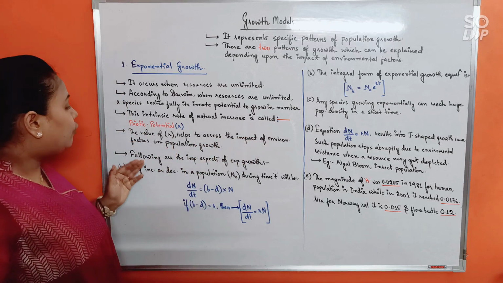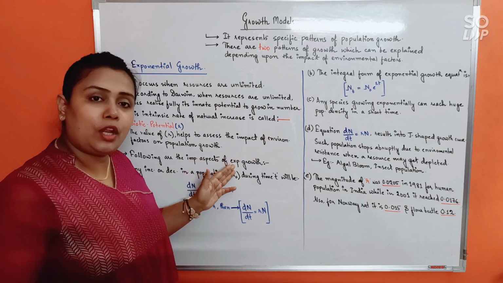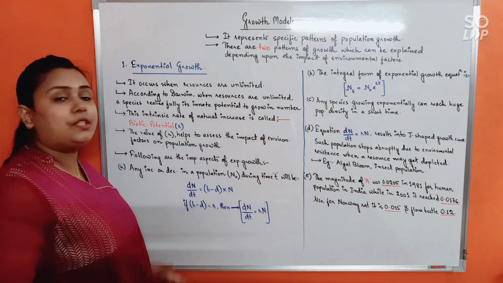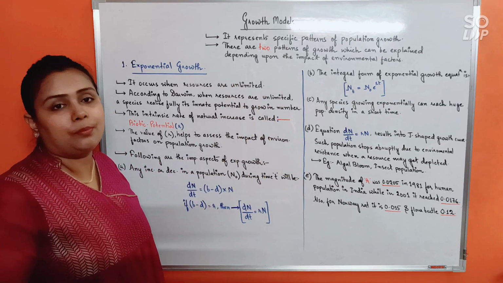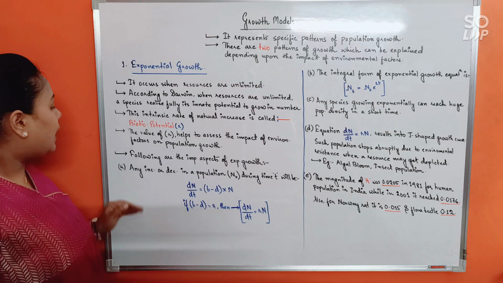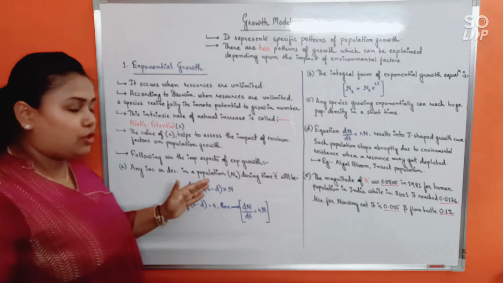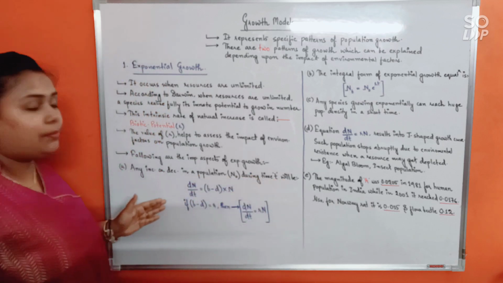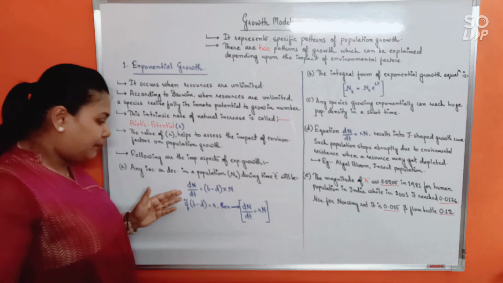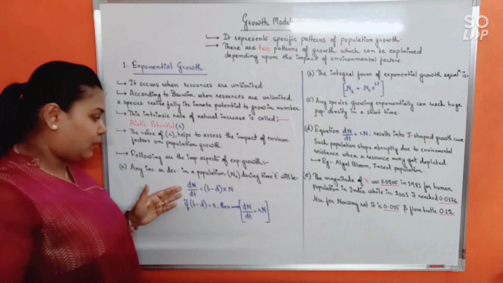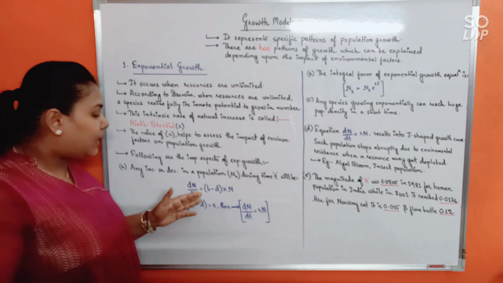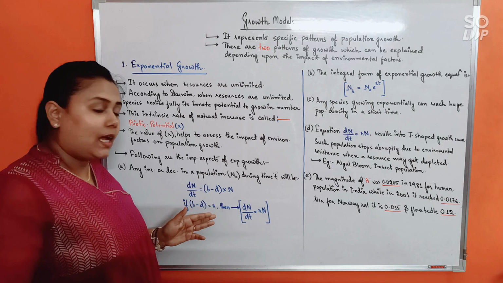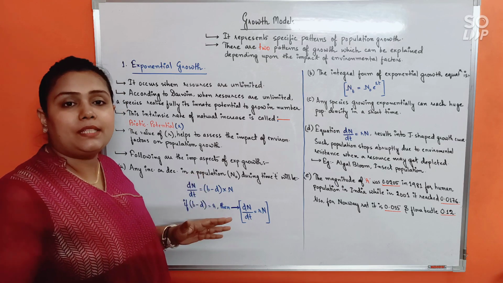Following are the important aspects of exponential growth. These points that I have written all signify exponential growth and are of huge importance. The first one: any increase or decrease in the population, N0, during the time t will be denoted by the equation dN/dt, that is the change in the population density or size, equal to (b - d) into N, where b is the per capita birth rate and d is the per capita death rate.